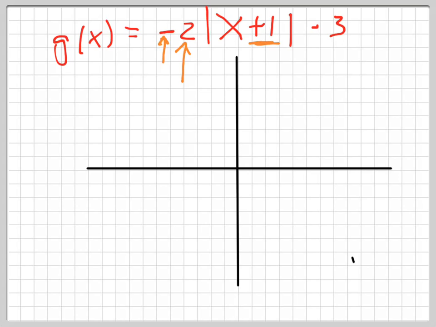So this right here moves it which way? Left 1. And this moves it which way? Down 3. So my V, which normally would have started at the origin, that middle point, that vertex, is actually left 1 and down 3. Now watch how easy this is if I understand that idea of the slope. When I go over 1, I would normally go down 1, right?